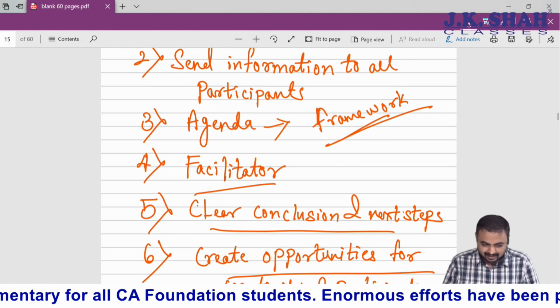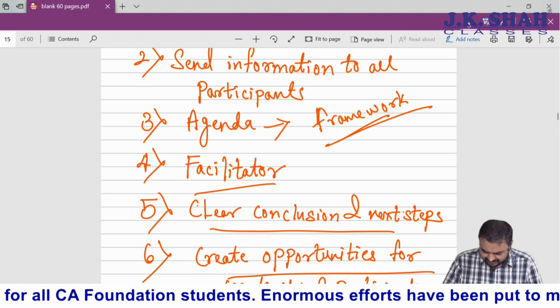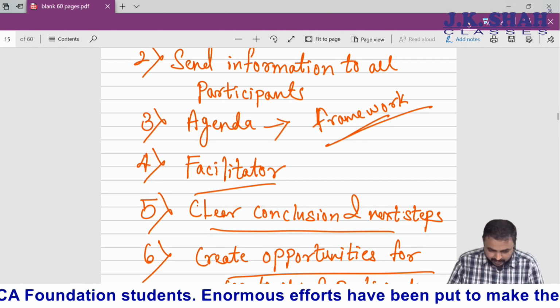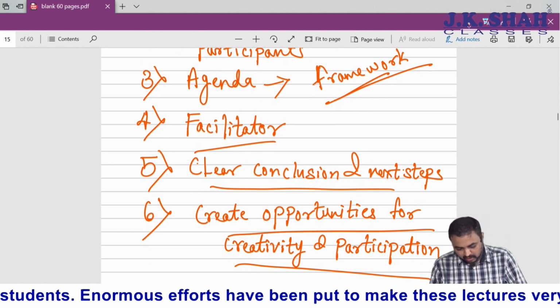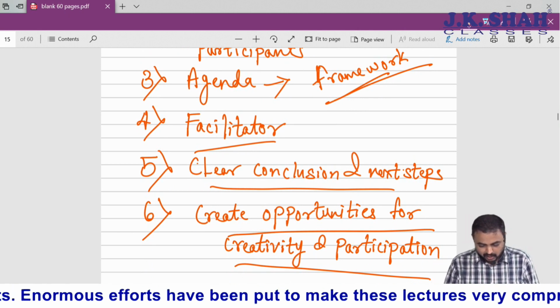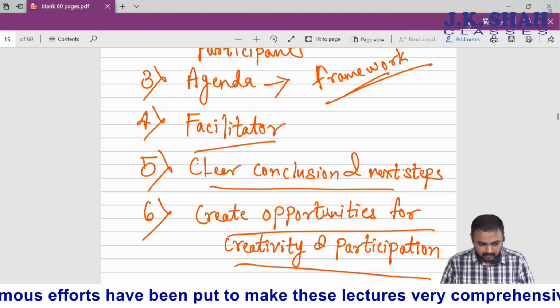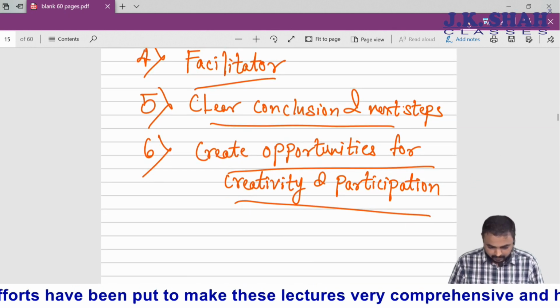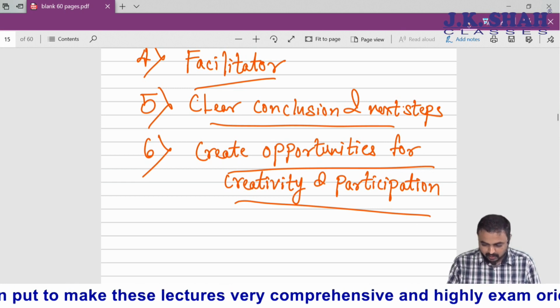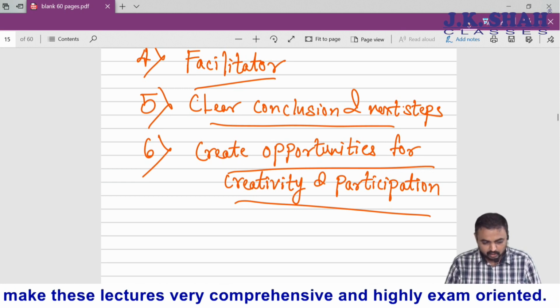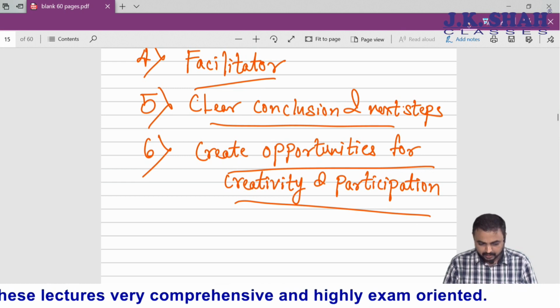Fourth one, facilitator. A facilitator is appointed so that the meeting reaches its logical conclusion. Fifth one, at the end of the meeting, the conclusion should be clear and next steps should be formulated according to the meeting.